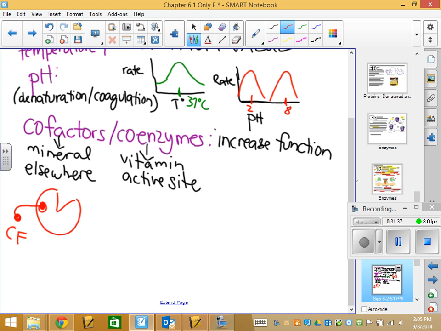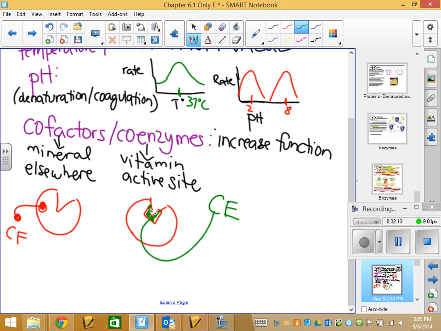A coenzyme would be something like this. Now let's say that this is my enzyme, and what I really want is a Pac-Man shaped active site. But that's not what shape it is right now. A coenzyme would be a molecule that comes in and fills in a space to make the active site complete.